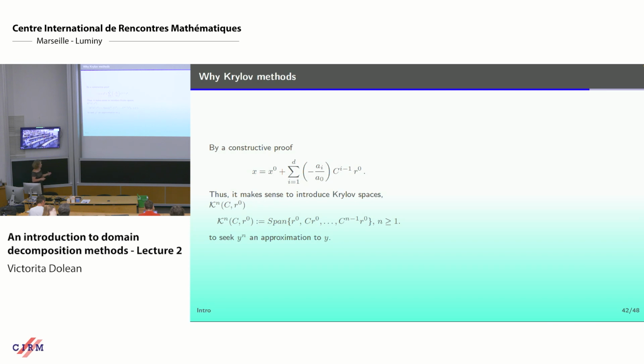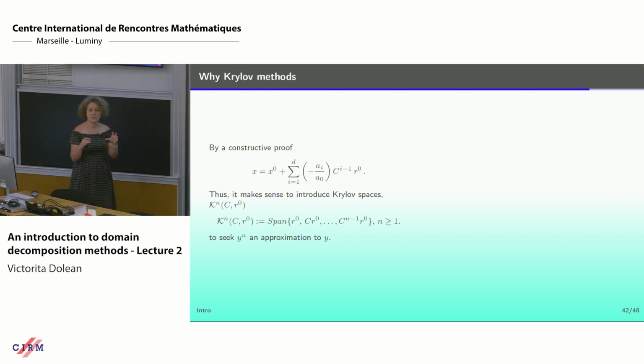So to summarize, if you use a stationary iterative method, you build a solution which is a polynomial of the preconditioned matrix applied to some initial residual, and it depends also on the initial guess, right? This polynomial has some fixed coefficients.